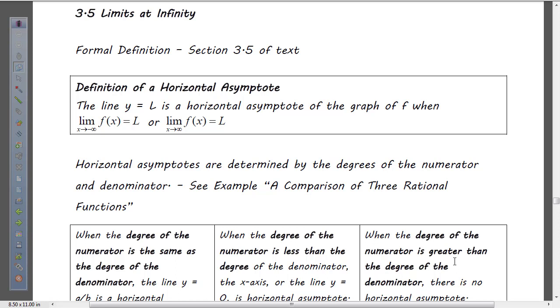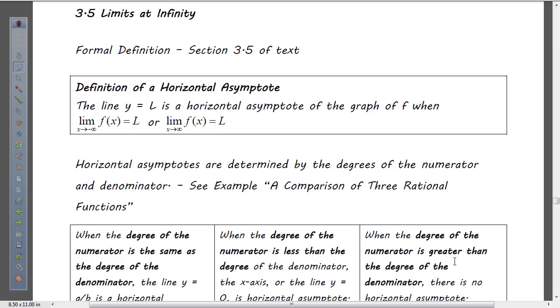You'll find a formal definition for this in section 3.5 of the text. But for now, we'll use this definition. It says the line y equals L is a horizontal asymptote of the graph of f when the limit as x approaches negative infinity of f of x equals L, or the limit as x approaches positive infinity of f of x equals L. That is, as x gets larger and larger, instead of the function increasing without bound or decreasing without bound, it's going to taper off.